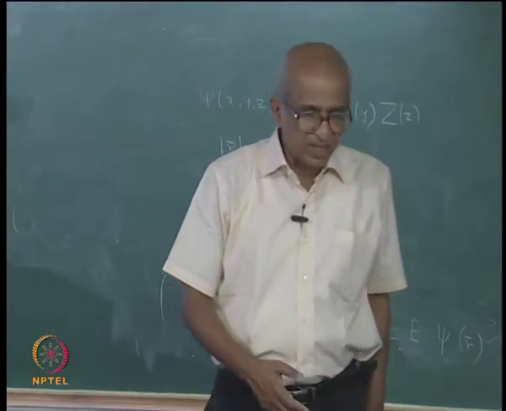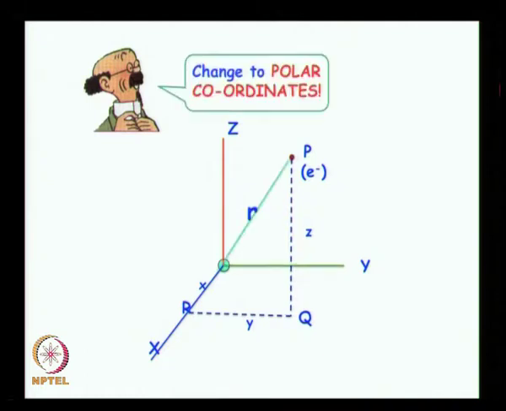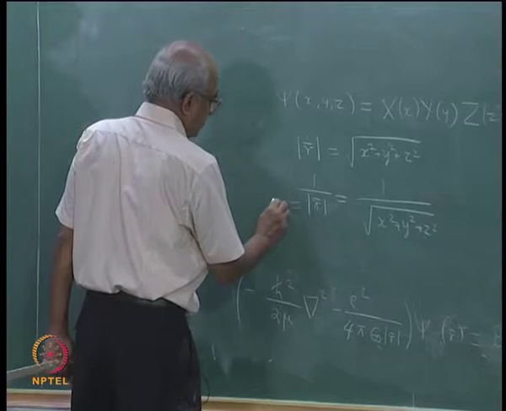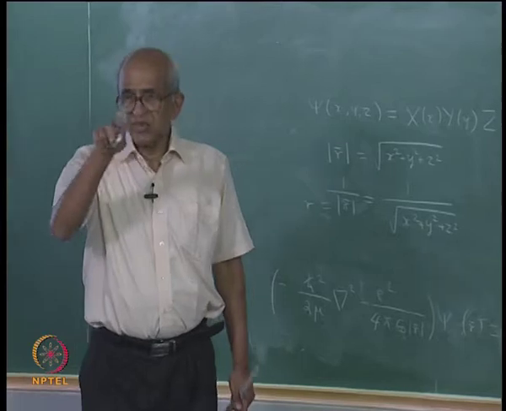Now, how are spherical polar coordinates defined, that you will see in a minute. What I do is I join the point P to the origin, and denote the distance of the point from the origin by the symbol r. What is r? r is actually nothing but the length of this vector r, so I will denote it by the symbol r without the vector sign.